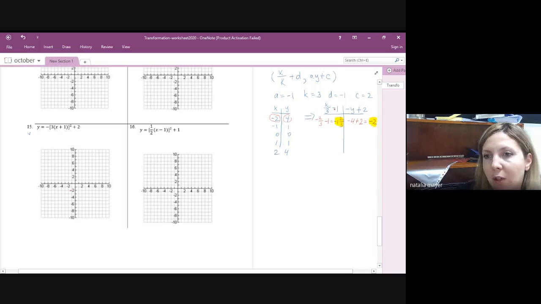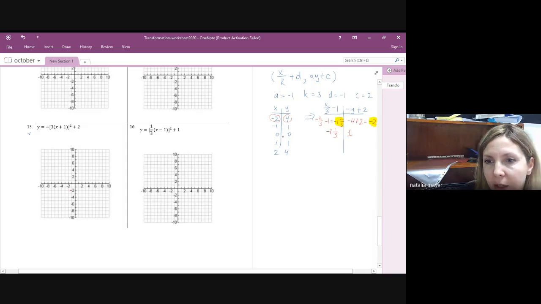So -1, I'm inputting it here instead of x. So -1 over 3, and -1. Okay, so the new coordinate is going to be -1 and 1 over 3. Okay, so for y value, I'm going to use 1. So -1 plus 2 is 1.